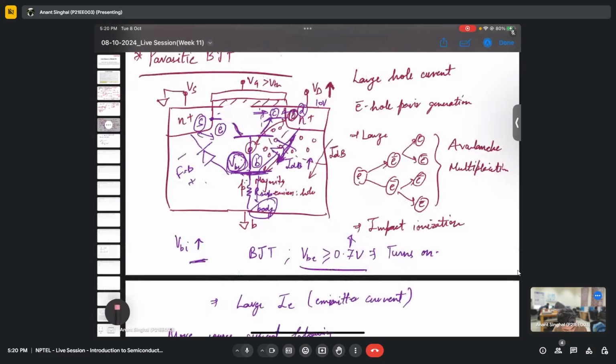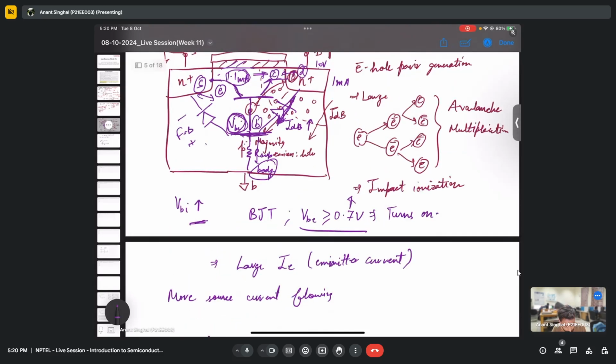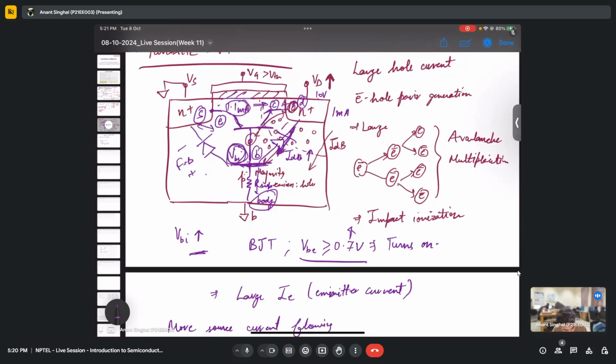So this source current, which was only 1 milliamp for 10 volts, has now become maybe 1.1 milliamps. In general, we need to apply more voltage to get more current, right? But here you can see the current is already there. So we do not require even 10 volts to have that particular current right now.